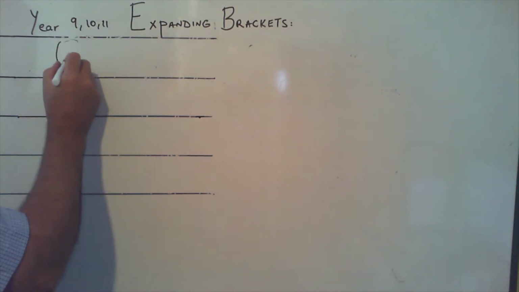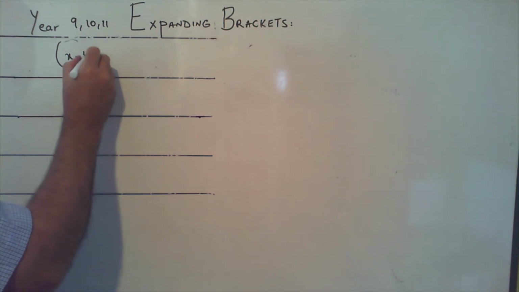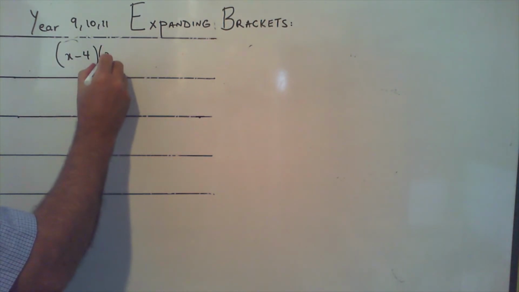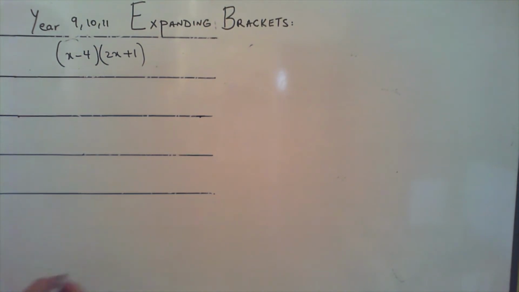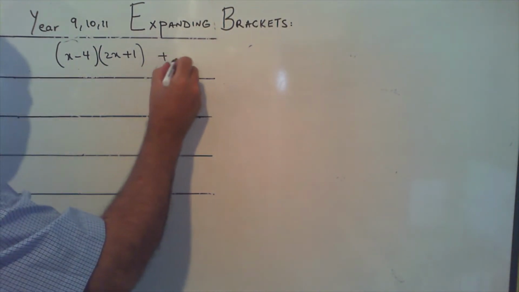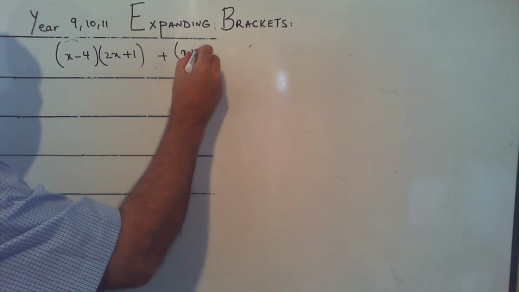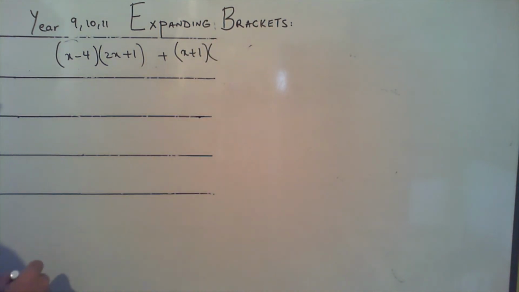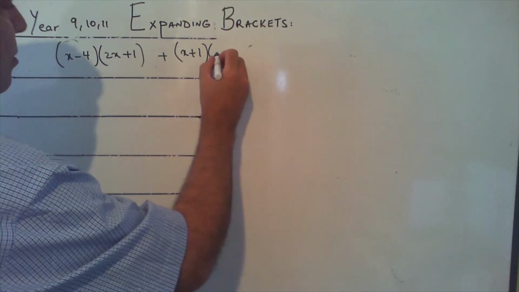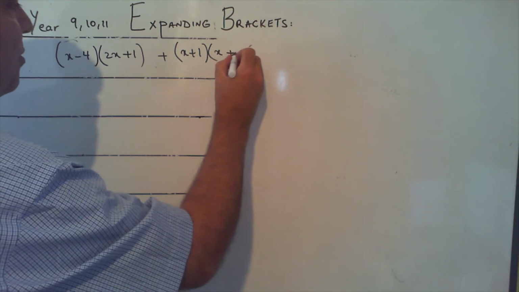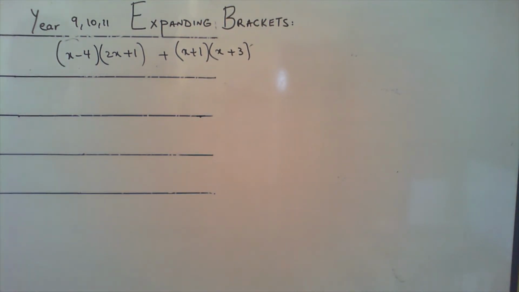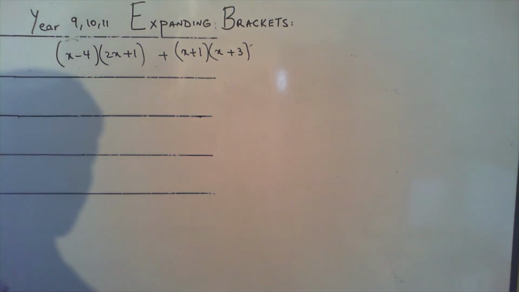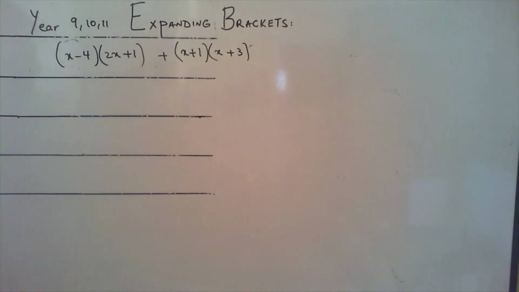And I'm going to say x minus 4 times 2x plus 1. Okay? Mathematically speaking, they can just write another one for you: x plus 1 times x plus 3. Okay? And they say expand brackets and simplify. Normally they always ask to expand brackets and simplify.